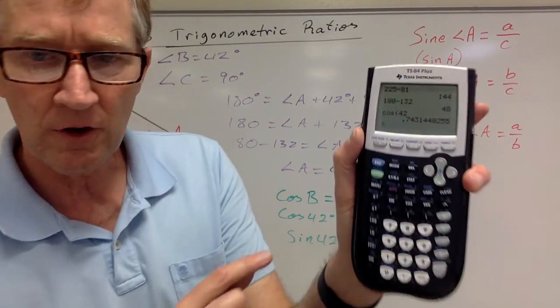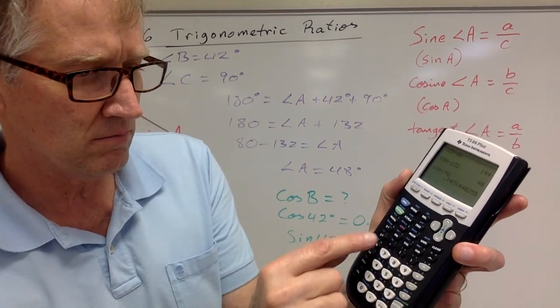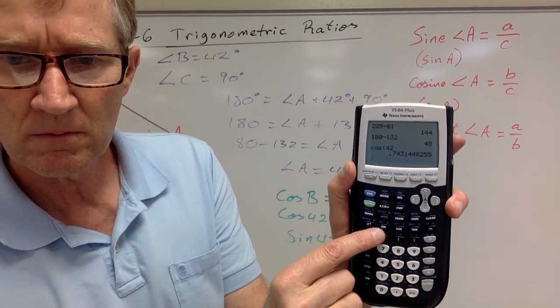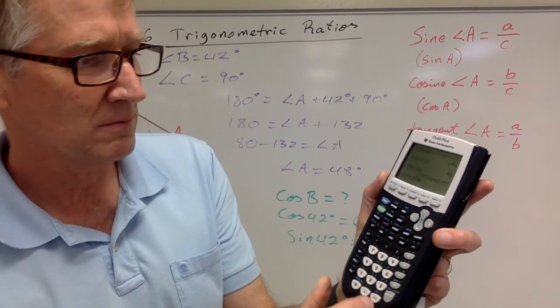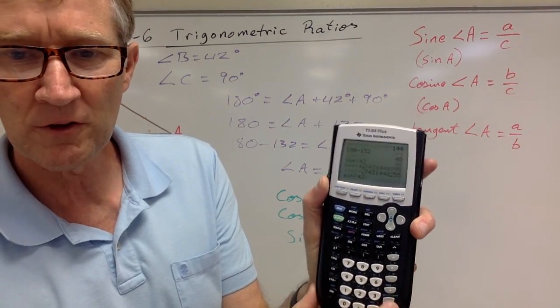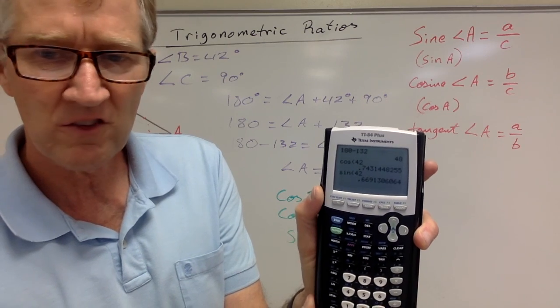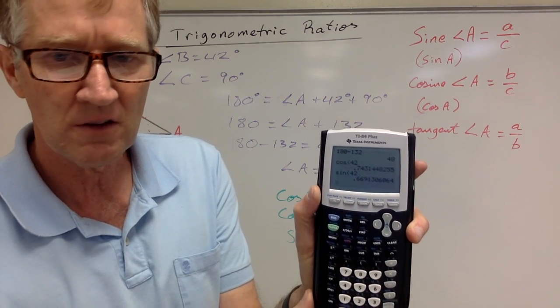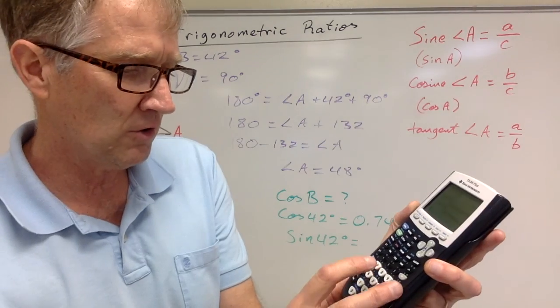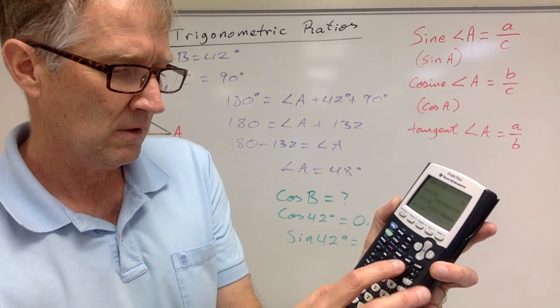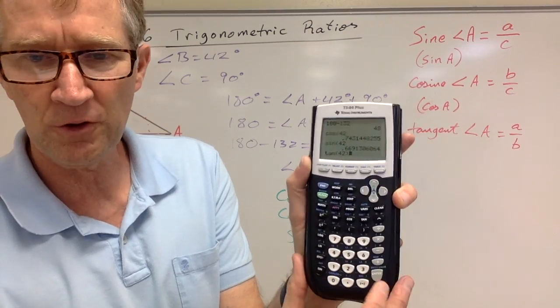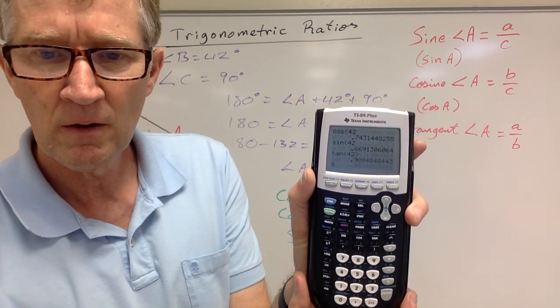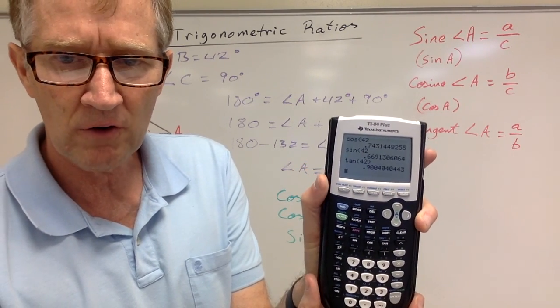The sine of 42 degrees. Just hit sine 42. Press enter. 0.67 to the nearest hundredth. Then you could do the tangent of 42. You're supposed to close the parentheses, but whatever. It comes out to be 0.9 or so.